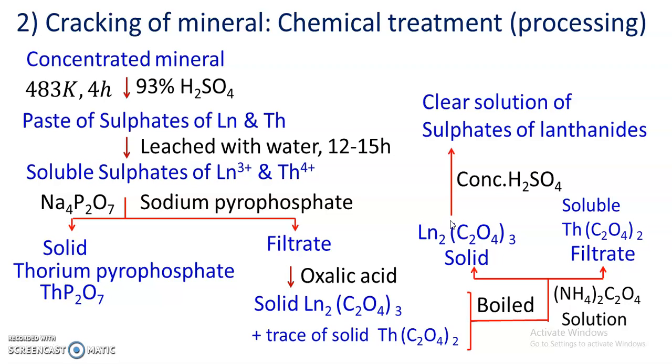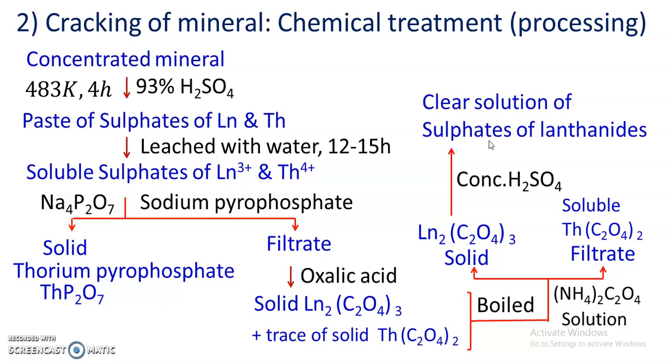Actually, this clear solution contains a mixture of lanthanides. There are different lanthanide ions present in this clear solution. So one lanthanide is separated from the others by applying separation methods like the ion exchange method, solvent extraction method, etc.